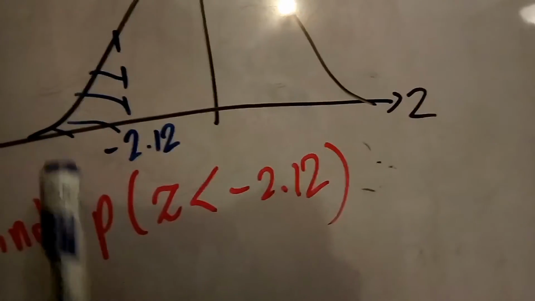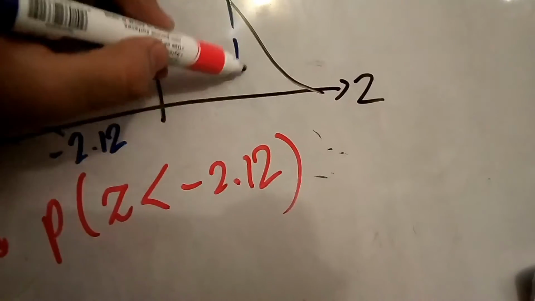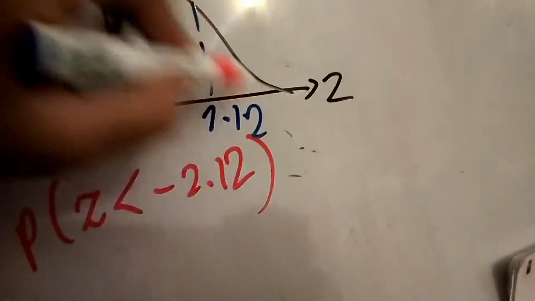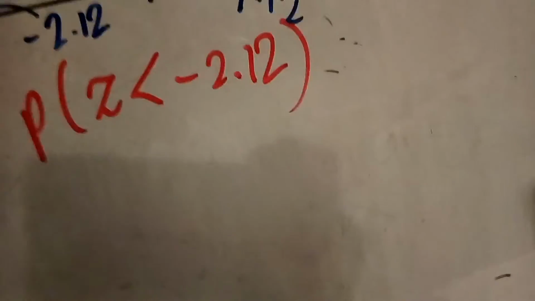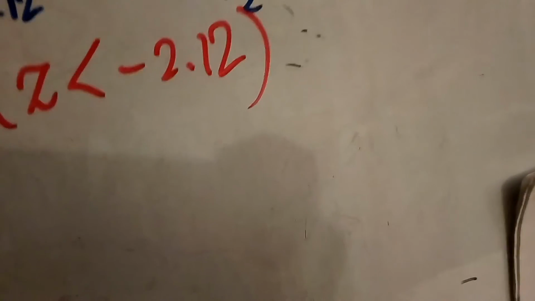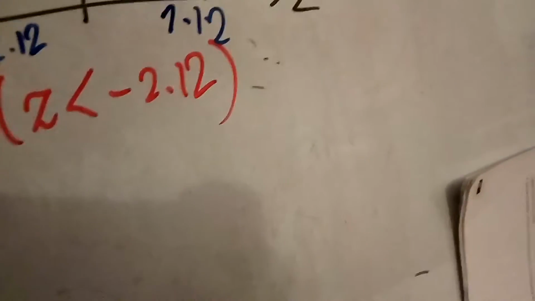If this side is minus 2.12, then the area is the exact same as the area exceeding 2.12.